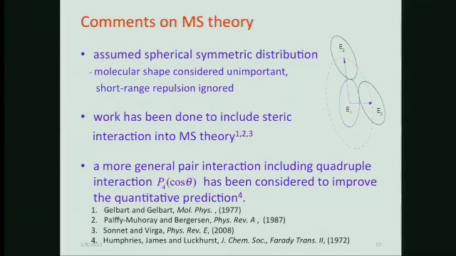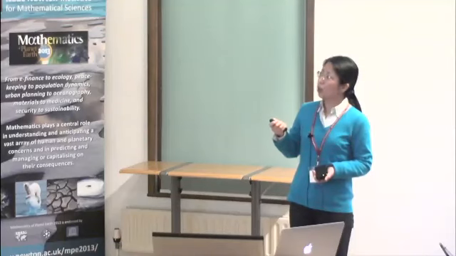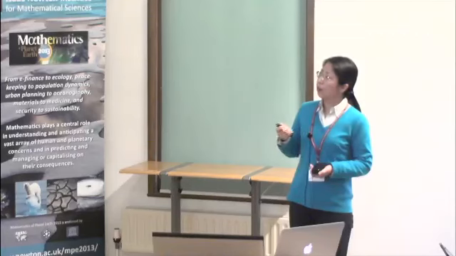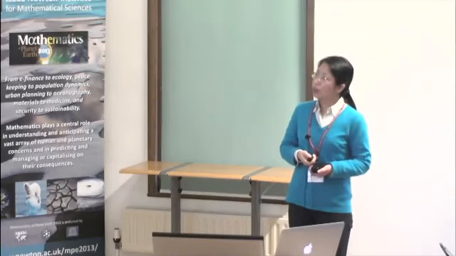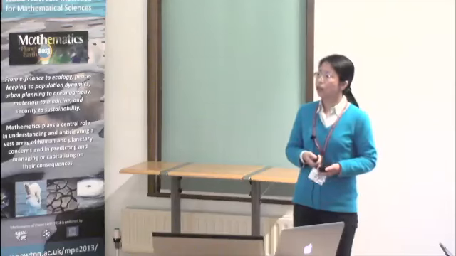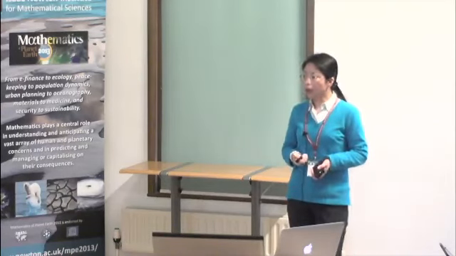So if you really want to take the molecular shape into consideration, you can see from this picture, this is only 2D ellipses. This just tells us the intermolecular separation R will really depend on the intermolecular vector direction. So it could vary by a factor of the aspect ratio in different directions. But work has been done to include the steric interaction into Maier-Saupe theory.